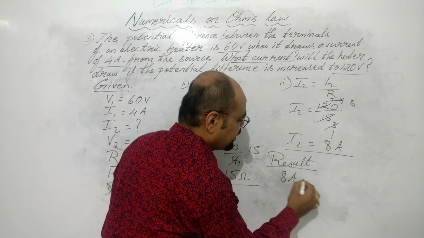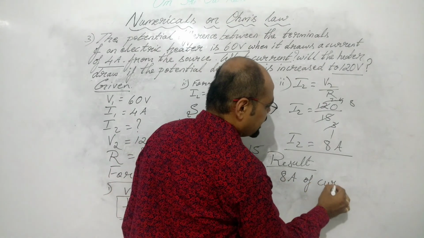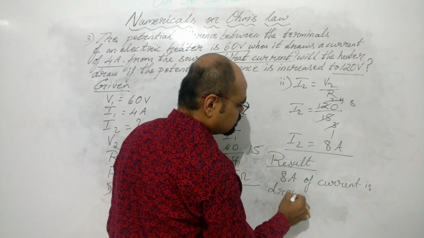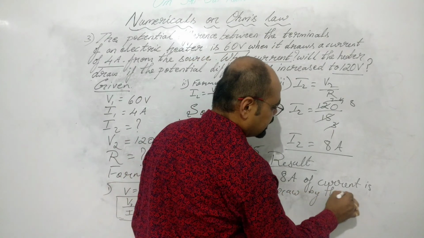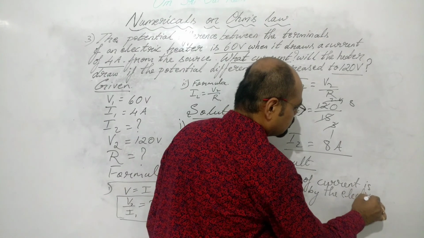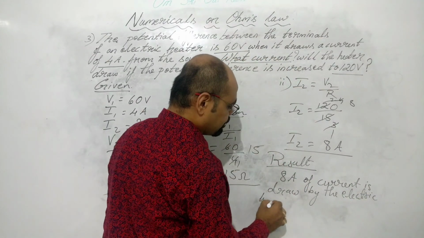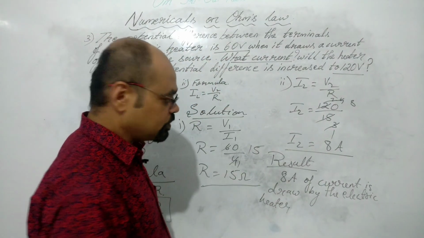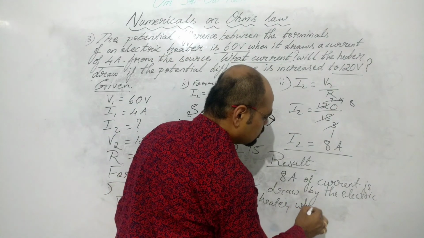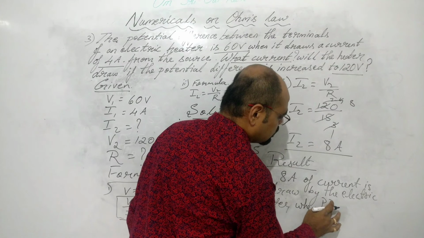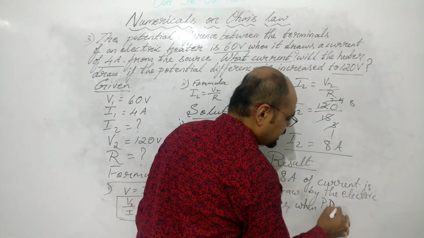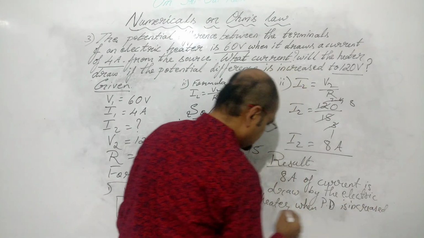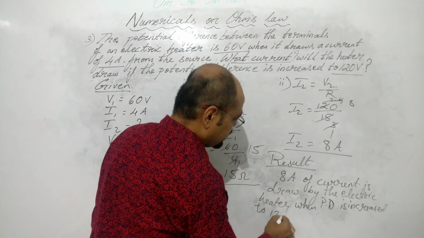We can write, 8 amps of current is drawn by the electric heater when the potential difference, PD, is increased to 120 volts.